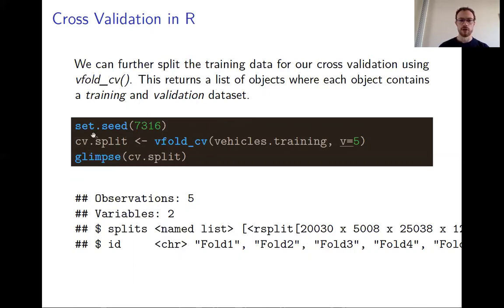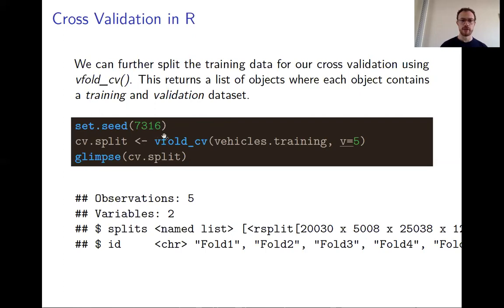So if we now create a new data set called cv_split, we give it the training data set and we say we want to have 5 splits. The result of this will be a data set that has simply 2 variables. It has an ID, and then it has a split for each fold. What the split contains is the training data set and the validation data set. And we can then extract this from the split.